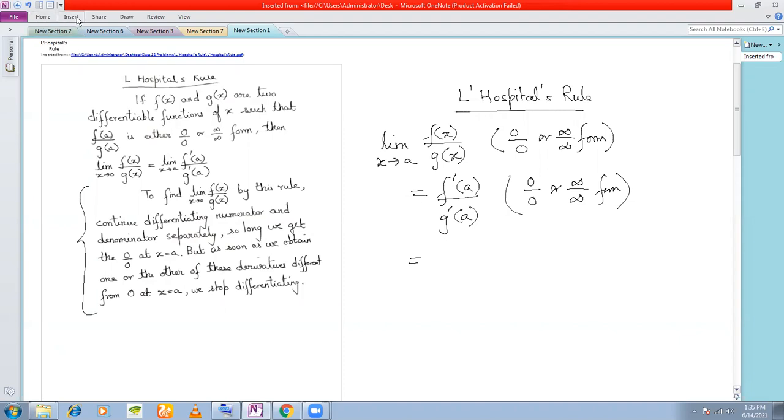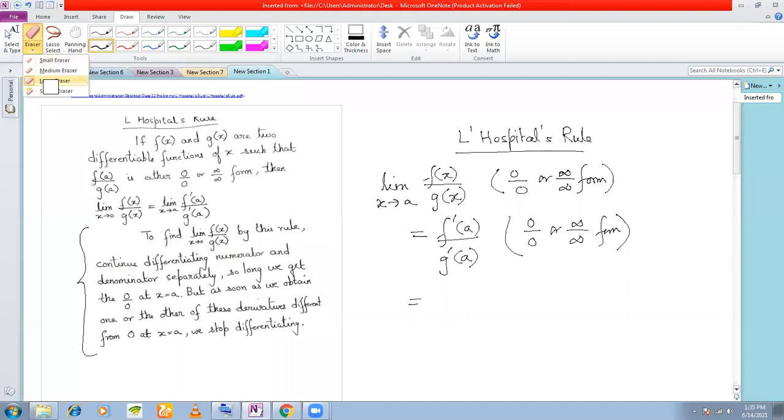Suppose this limit, limit x tends to a, f dash x by g dash x, you find this again to be 0 by 0 form or infinity by infinity form. So you differentiate once again.